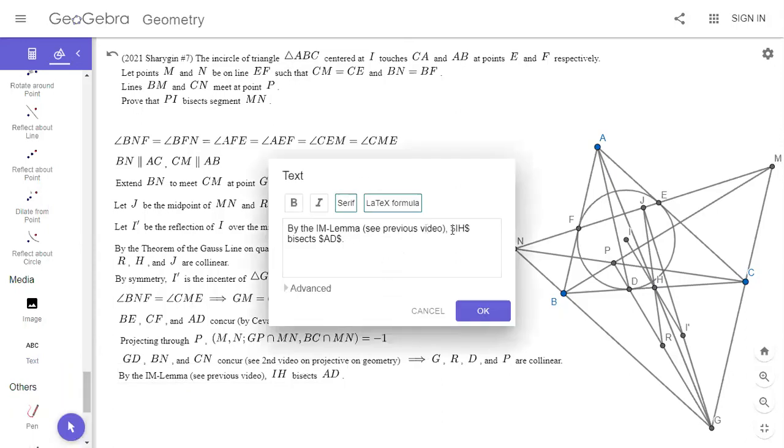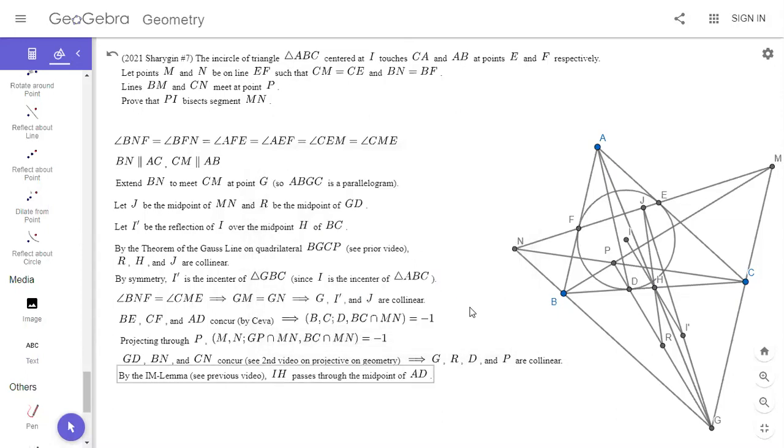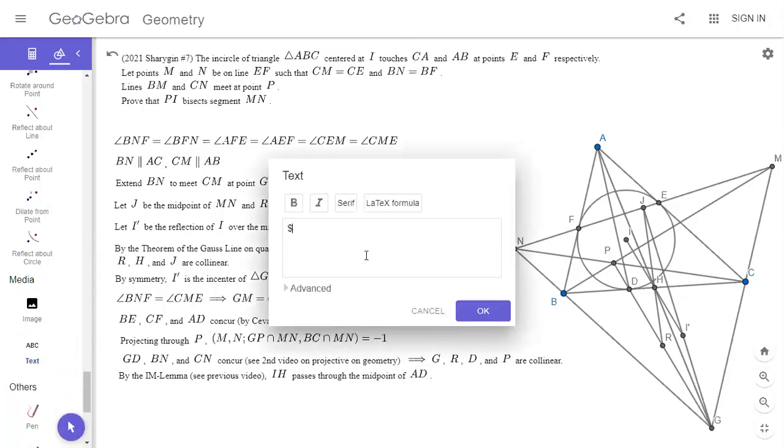I'll rewrite it like this. IH passes through the midpoint of AD, and then H is the midpoint of AG. So that means that IH is parallel to DG.